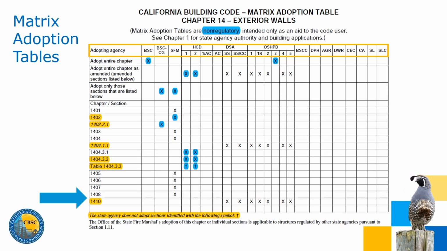This section is a reference to another chapter of the California Building Code. And because Title 24 applies to all buildings and occupancies within the state, this section is applicable to all buildings and occupancies that consider using plastic composite decking unless specifically not adopted per the matrix adoption table.